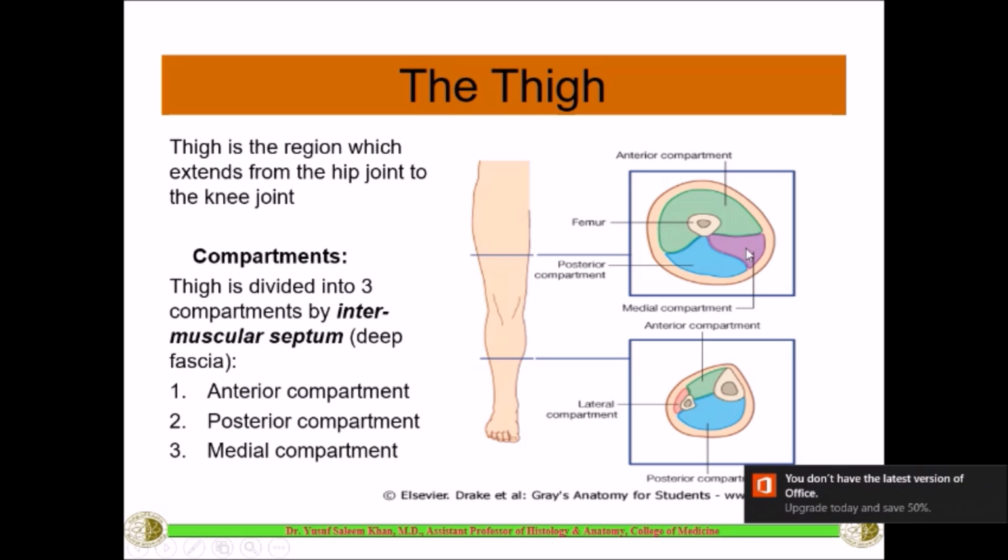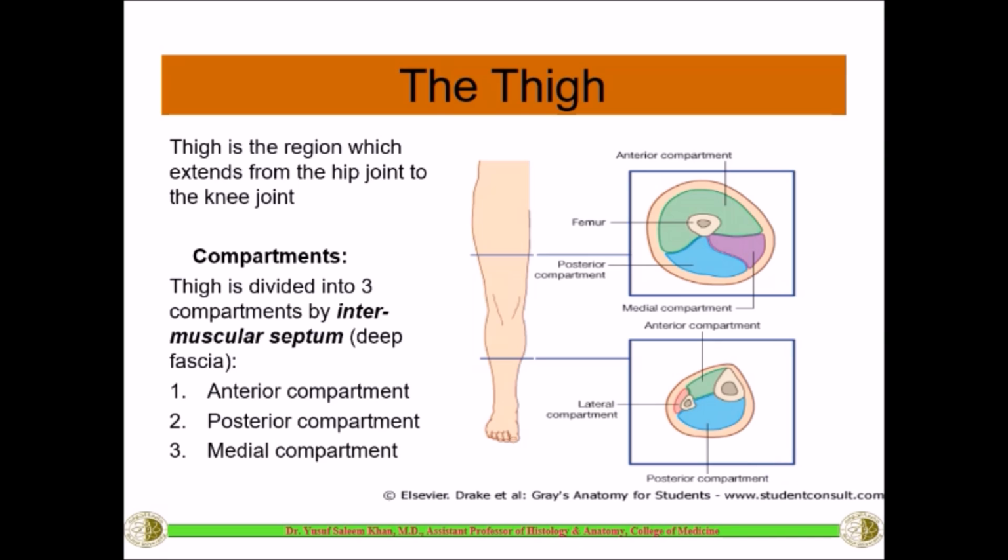Always when you study the upper limb as well as the lower limb, you should keep on comparing the upper limb with the lower limb. The thigh is related to the arm, and in the arm also we see three compartments: an anterior compartment, which is called the flexor compartment, and a posterior compartment.